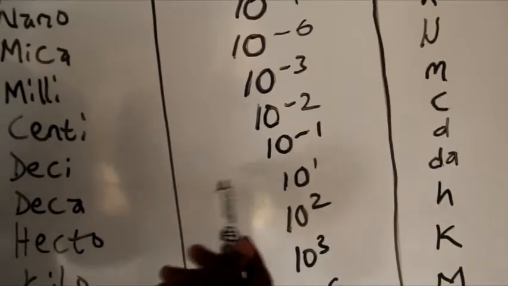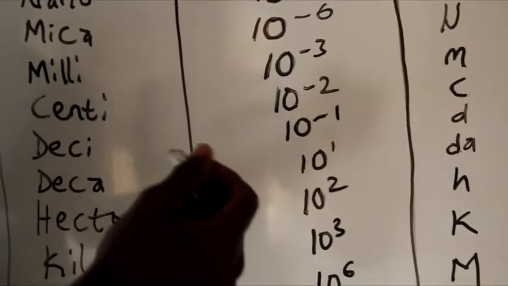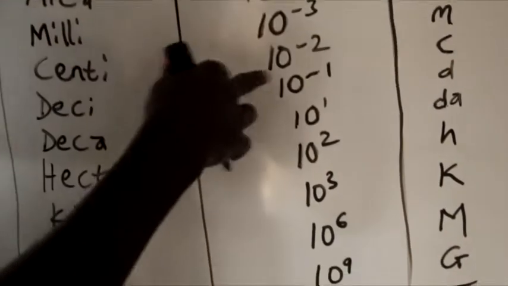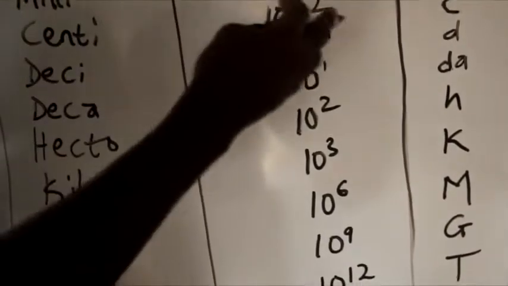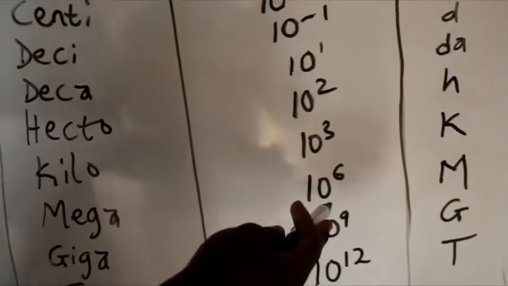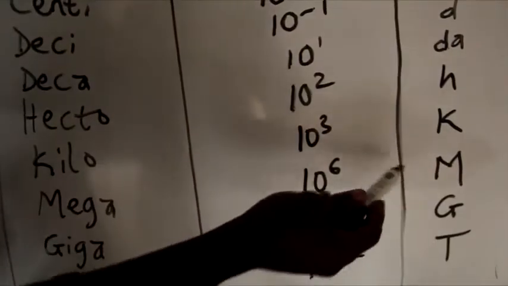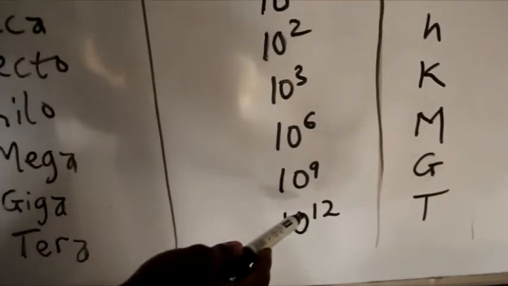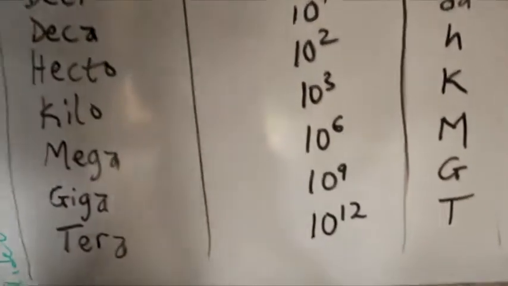So if you want to derive deca from meter, you multiply by 100. Don't worry, we'll learn how to do this in our video on unit conversion. So this is centimeter, the famous centimeter. This is the multiplication factor. And down to mega, 10 raised to the power of 6, this is the symbol. And tera, 10 raised to the power of 12, and the symbol is letter T.